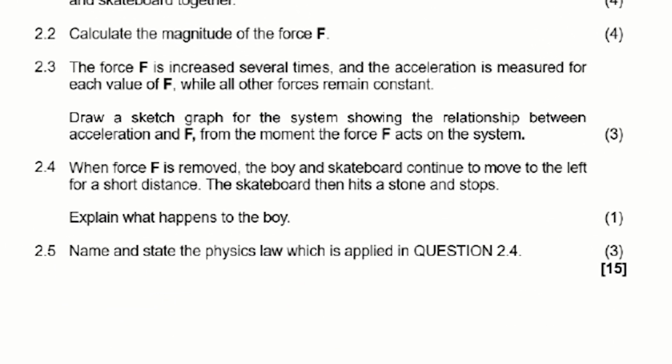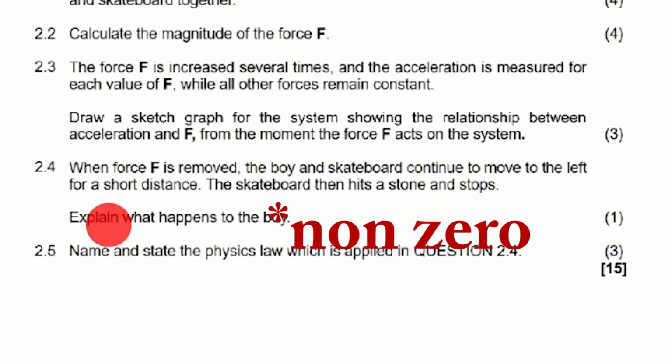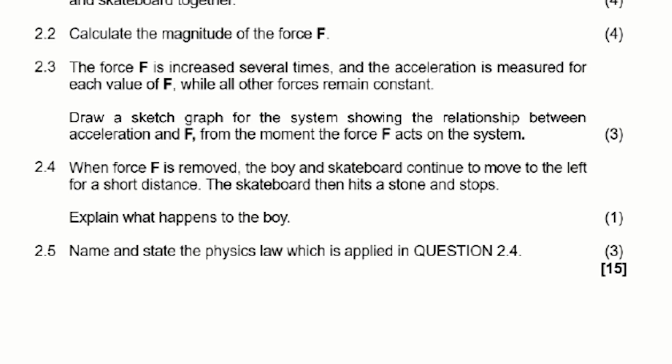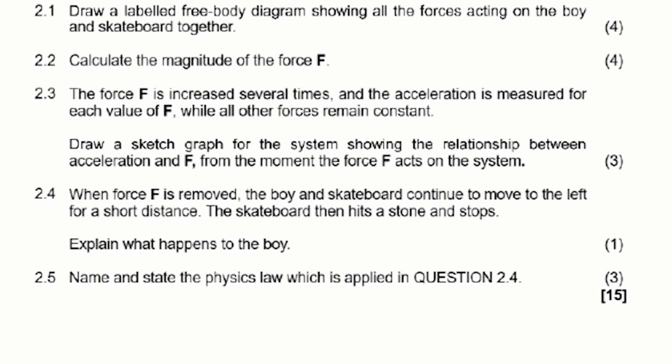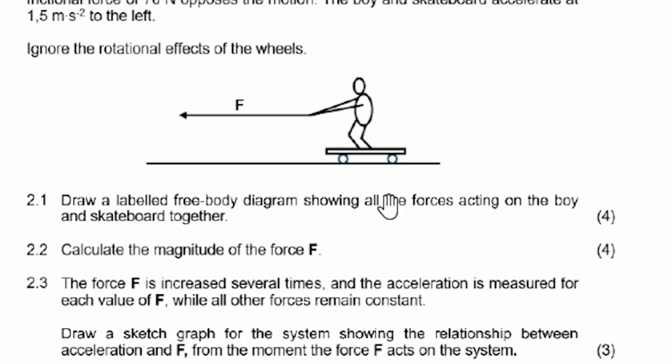2.4 states that when force F is removed, the boy and the skateboard continue to move to the left for a short distance. The skateboard then hits a stone and stops. Explain what happens to the boy. So obviously when the force is removed, let's think about this.